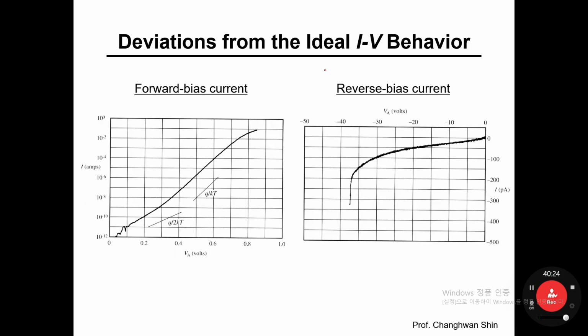And in the next movie clip, I'm going to explain some deviations from the ideal current voltage characteristic, in the forward bias regime and the reverse bias regime. In those two separate parts, I'm going to tell you what kind of deviations would happen from the ideal diode characteristics.